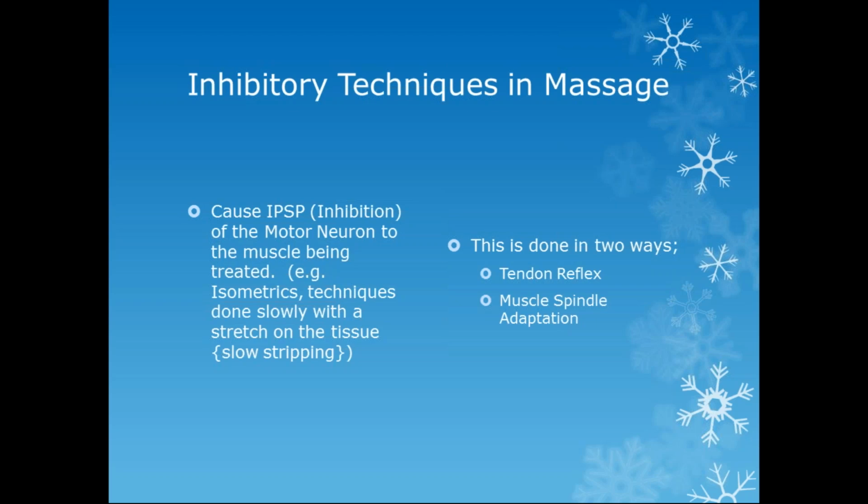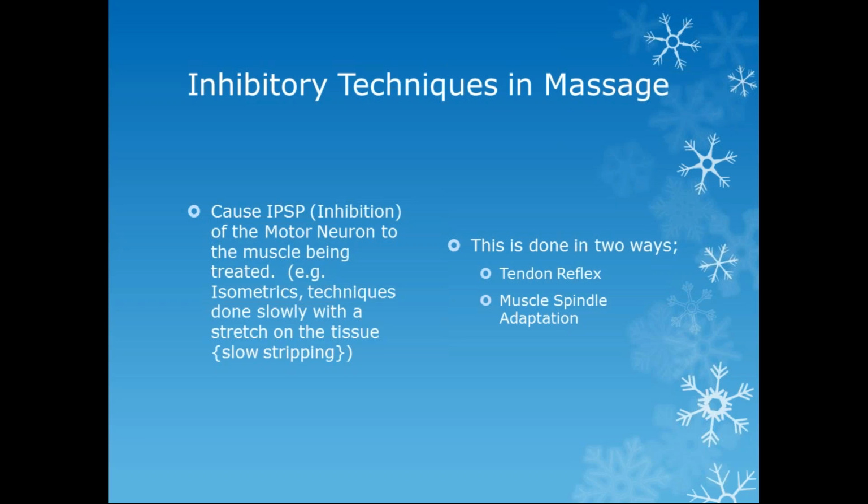What happens there is when you are doing techniques that are very slow, with a nice slow stretch on the muscle, it bunches up a little bit and takes some of that pressure off of the muscle spindle, causing the spindle to fire less, because remember it's monitoring that stretch on it. You do that enough times and it adapts to that, and so you have less tone in a hypertonic muscle and it gets back to normal tone.